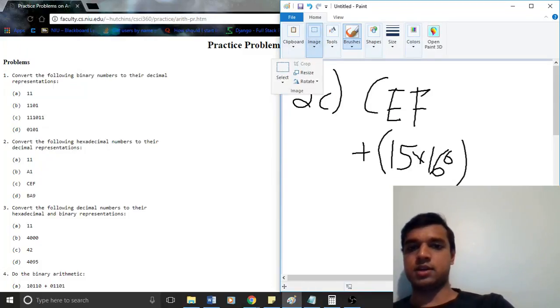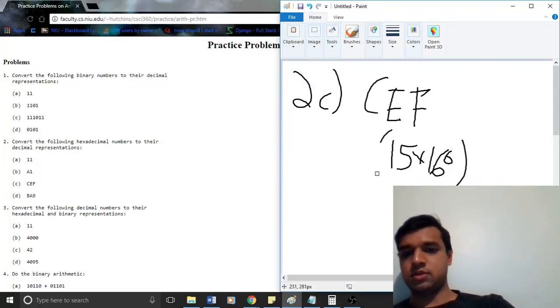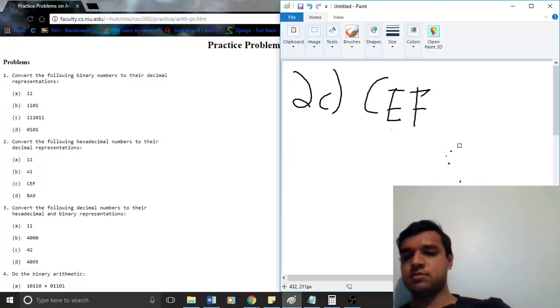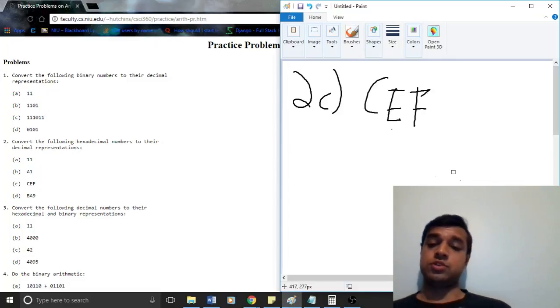Oh wait, I didn't explain it, give me one bit. So for this one, you would look at it and you will figure out, oh, what kind of base is it? So hexadecimal is done through base 16. And you want to convert it into a base 10. How would you do that?